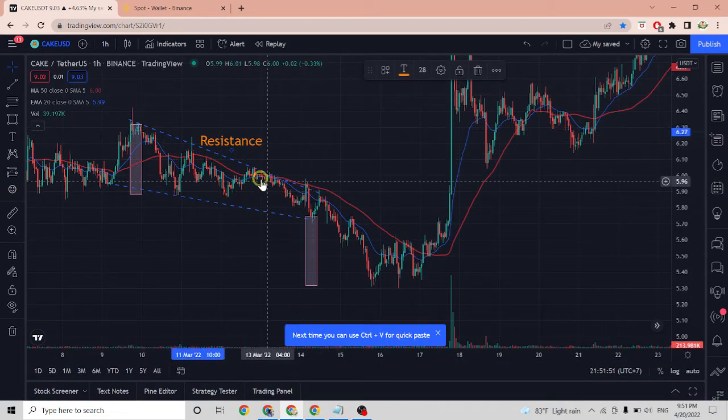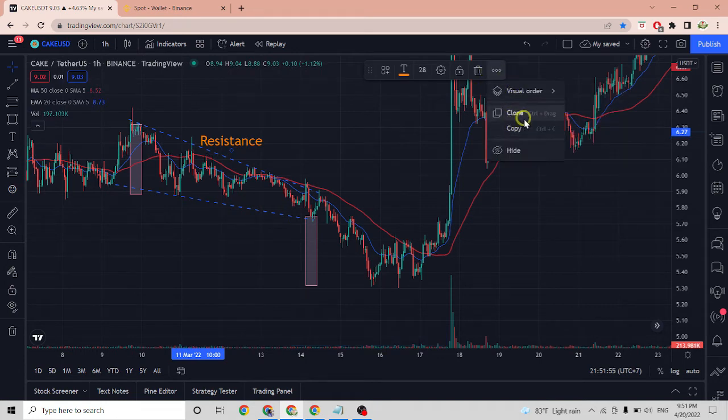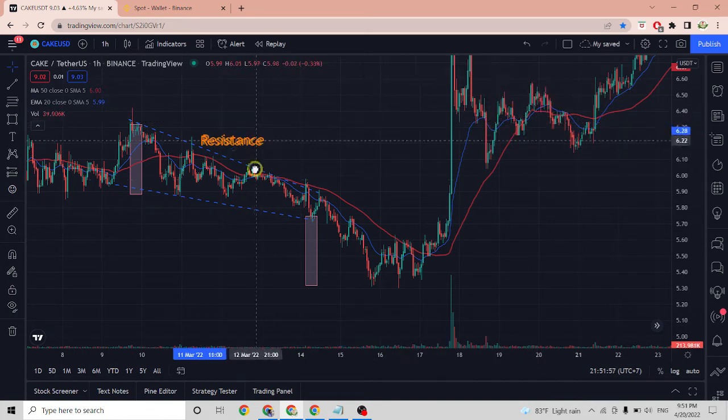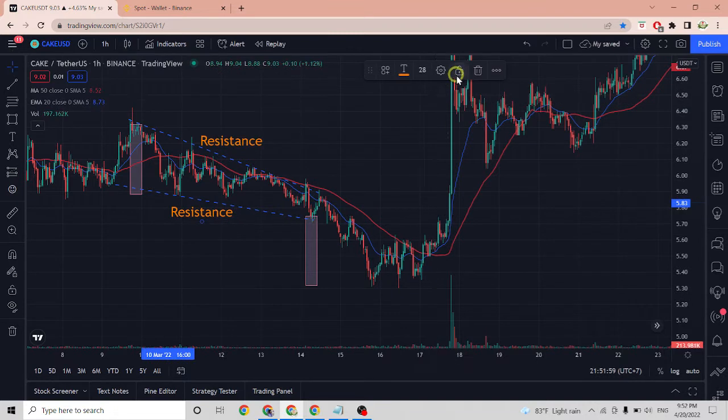So this line is resistance. So I copy this one. So this one is support.